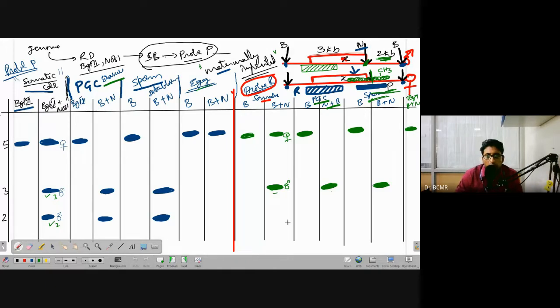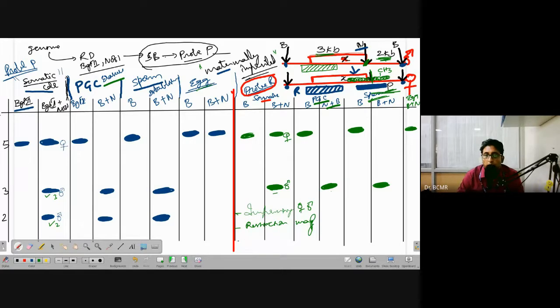So we have to remember multiple things. It is about imprinting, right? We have to know whether it is maternal imprinting or paternal. We should know about the restriction map. When you say restriction map, it means what are the sizes, where are they cut, and what fragments form, and so on.